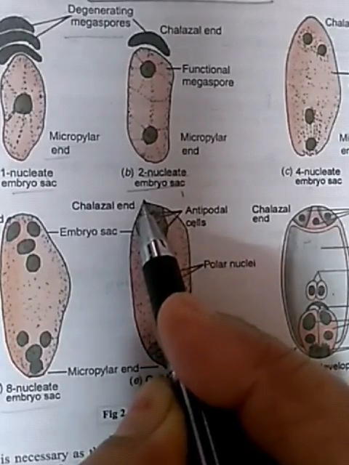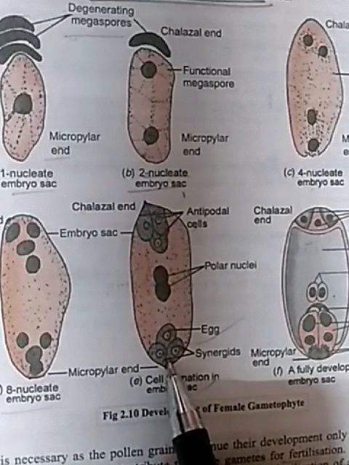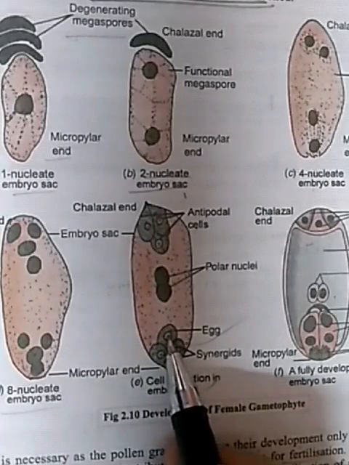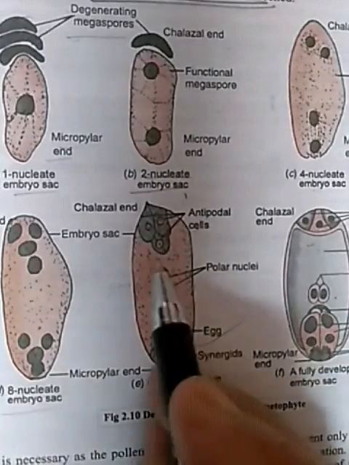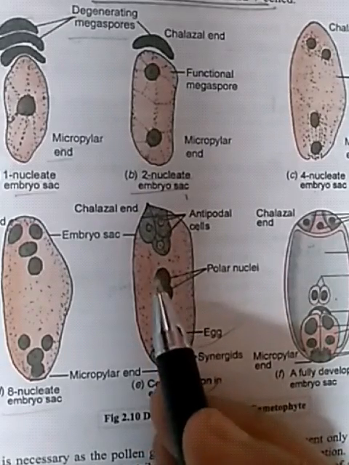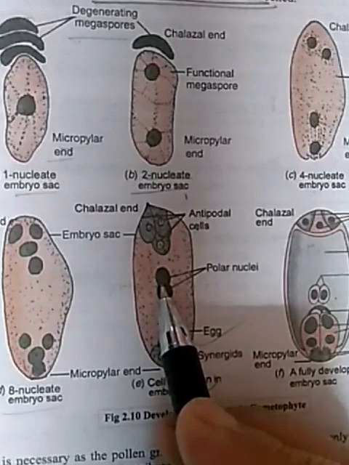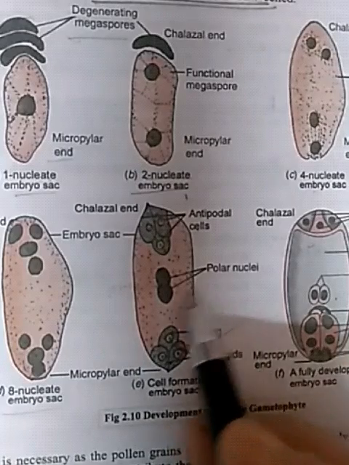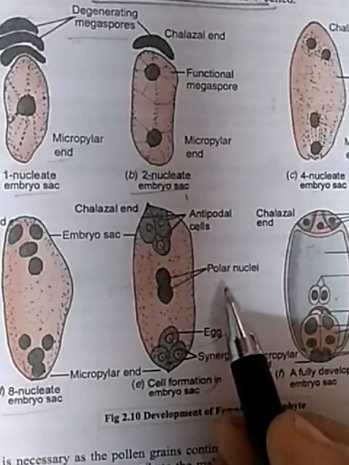At the micropylar end, 3 cells are grouped as the egg apparatus, consisting of 2 synergids and a female gamete, the egg. So 3 and 3, and the remaining 2 nuclei, known as the polar nuclei, move to the center of the embryo sac, now called the central cell, and fuse to form a diploid secondary nucleus.